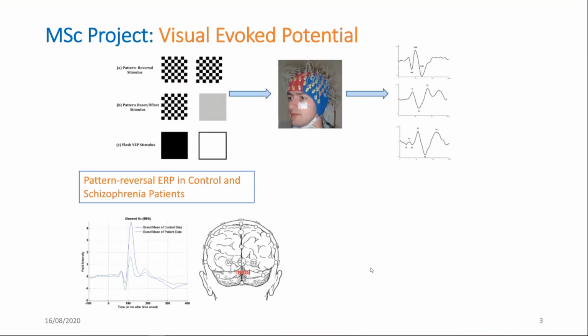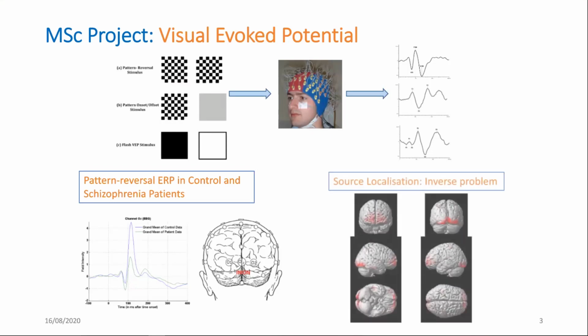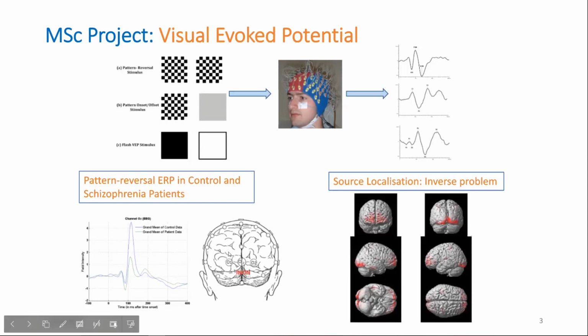Now the next question is, where are these signals coming from in the brain? So we do something called source localization. You see all these electrodes over there? The signals are actually generated in the cortex of the brain.